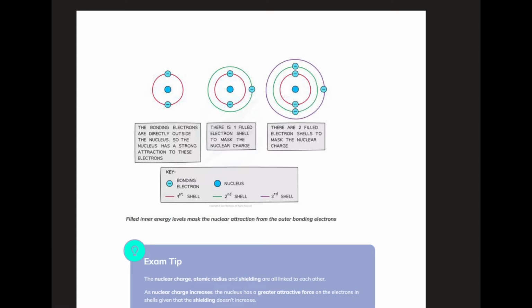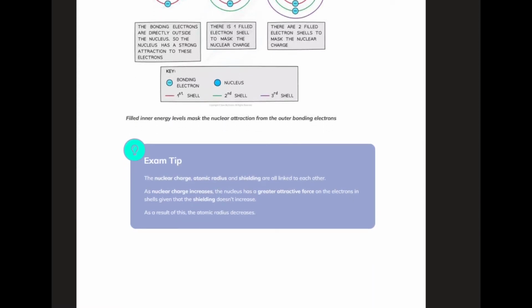So now let's see exam tips. The nuclear charge, atomic radius, and shielding are all linked to each other. As nuclear charge increases, the nucleus has a greater attractive force on the electrons in shells, given that the shielding doesn't increase.